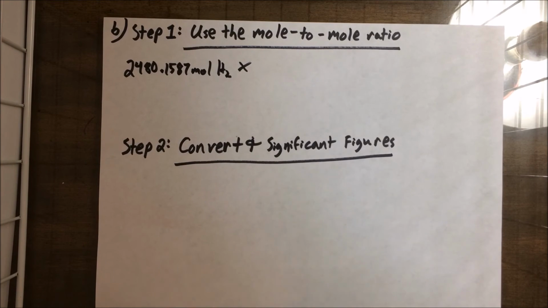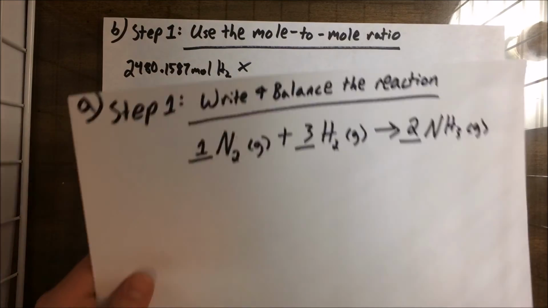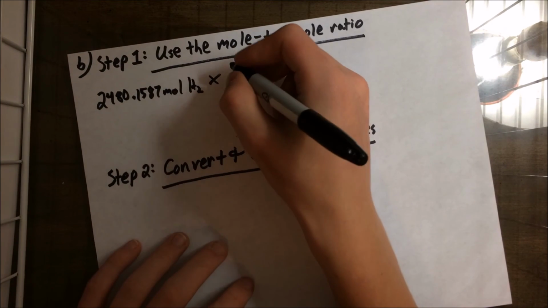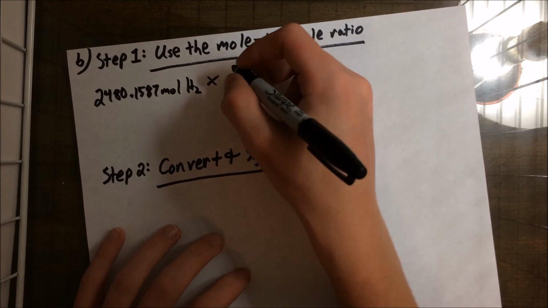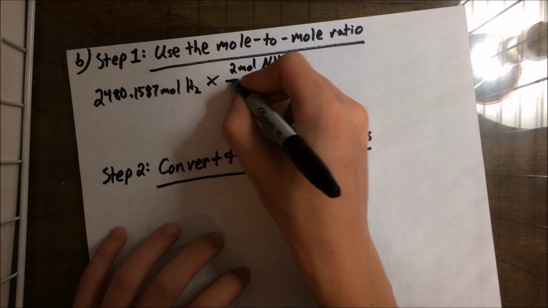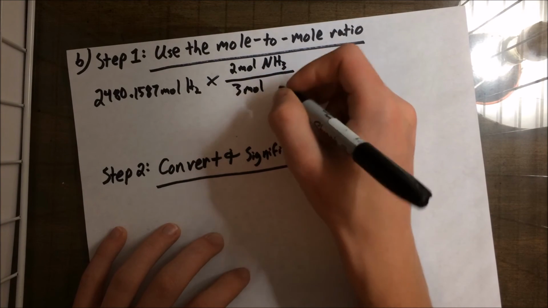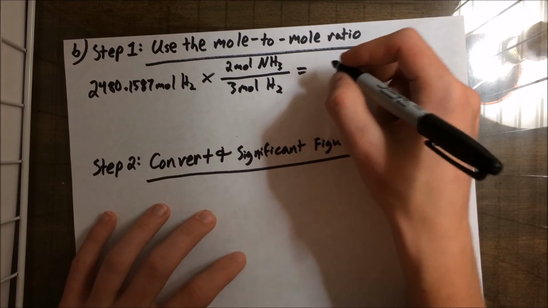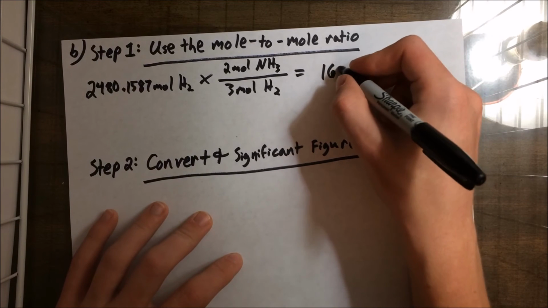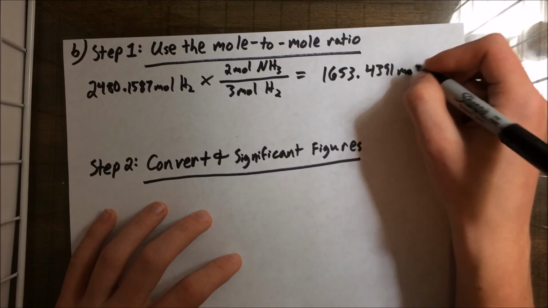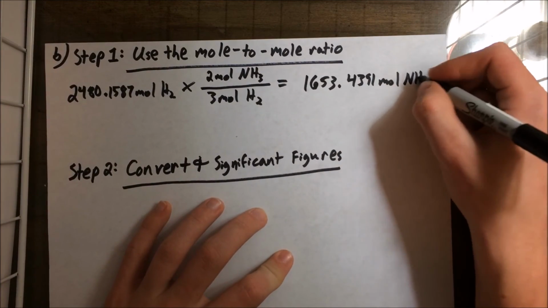That would be 3:2. So that would be 2 moles of NH3 per 3 moles of H2, and that's going to equal 1,653.4391 moles of NH3.